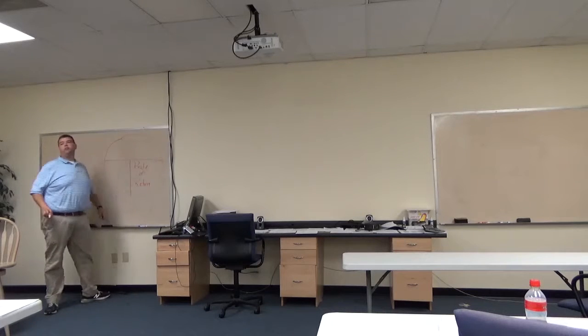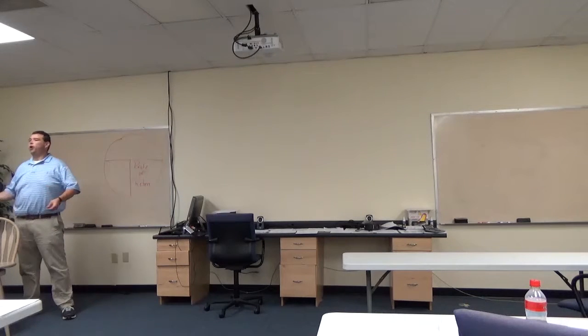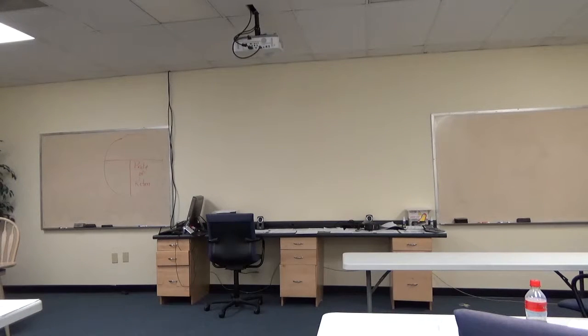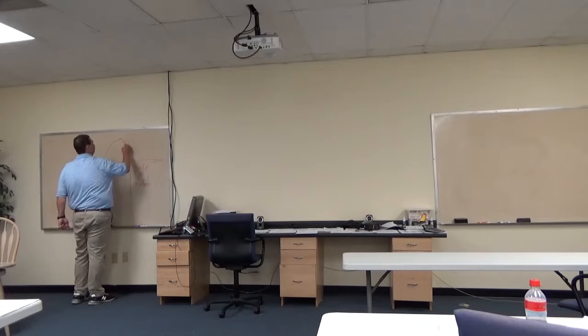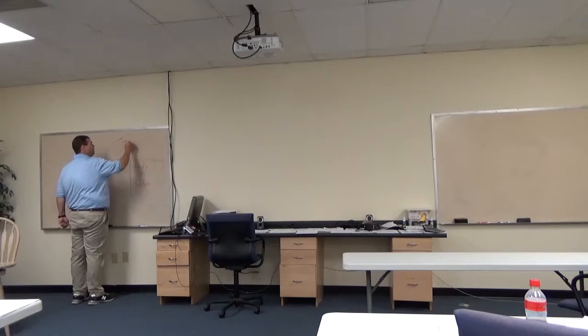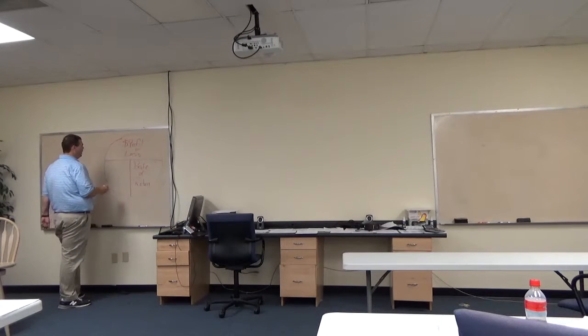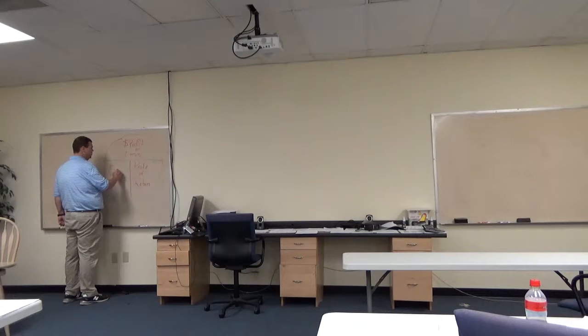Rate of return is the same thing as rate of profit, rate of loss, because rate of return can be positive or negative. A negative rate of return just means a loss. Positive rate of return means a profit. Up here on the top, you're going to have dollar profit or loss. And down here on the bottom, you're going to have your original investment.